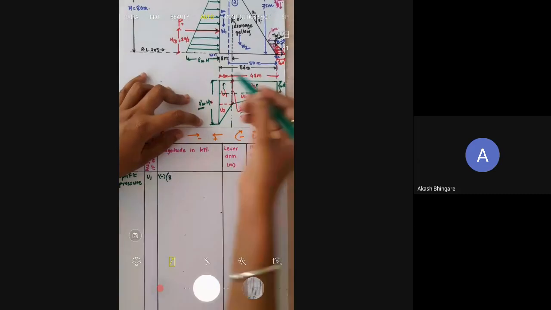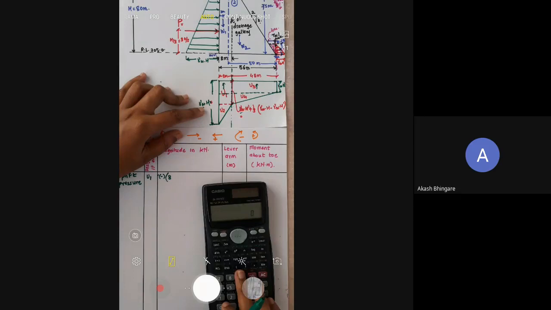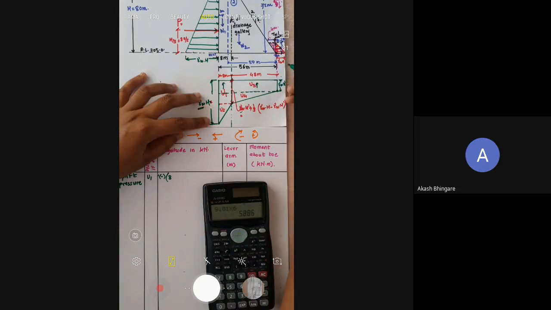Now what will be this ordinate? It is gamma W into H dash plus 1/3 of the difference between these two. Gamma W into H dash will be 9.81 into H dash. First tell me gamma W into H dash. It will be 9.81 into 6, which is 58.86. Here there is no space, so I will try to write it over here.